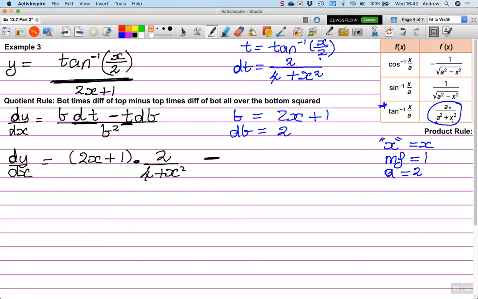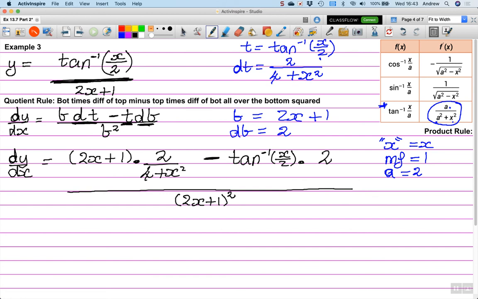And the top is tan inverse x over 2 multiplied by the differential of the bottom, which is 2. And then this whole expression is divided by the bottom squared, and the bottom is 2x plus 1, so it's 2x plus 1 all squared.